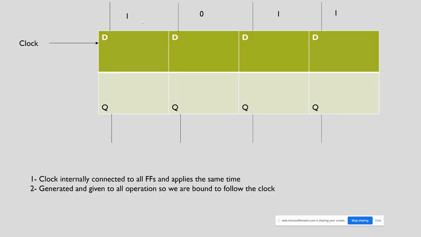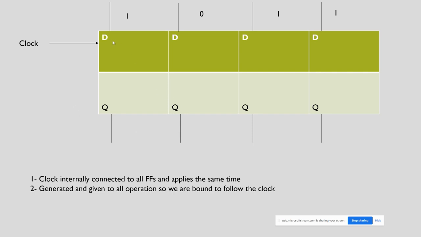So let's look at this example. As I mentioned earlier, we have no problem if we use 1 or 0. But what about if we have 1, 0, 1, 1? As you can see here, we have a clock. The clock is internally connected to all flip-flops and applies at the same time.